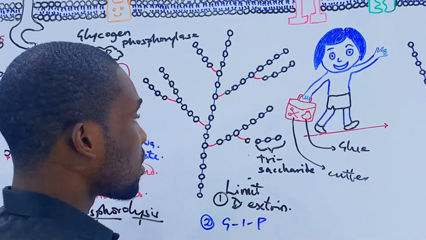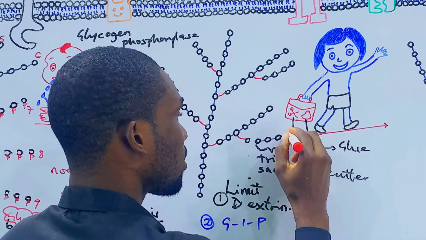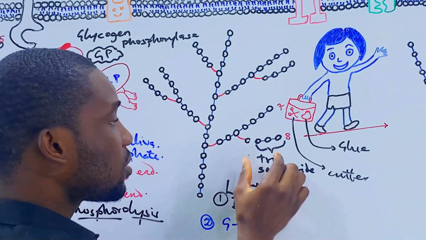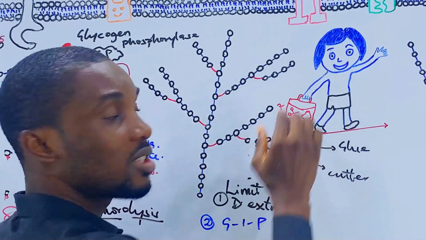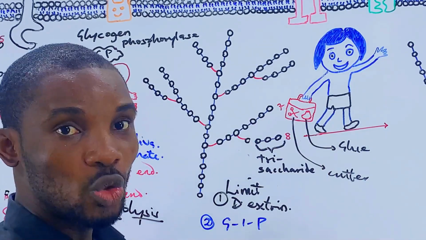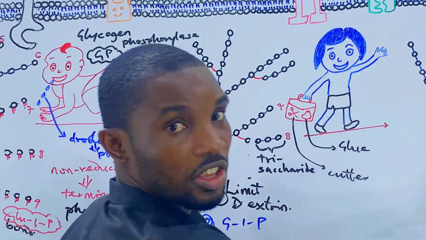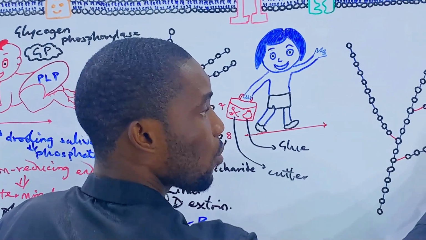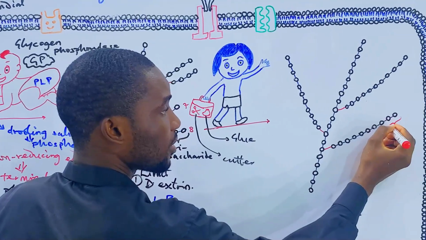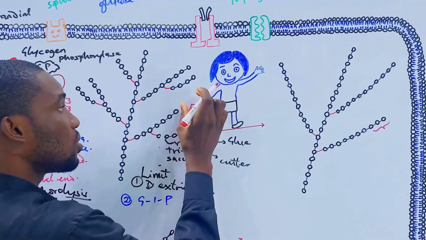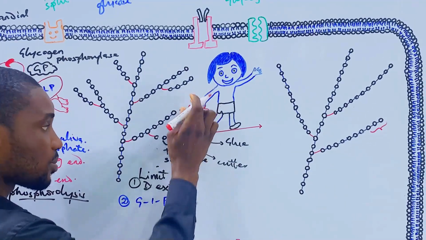So let's say this was chain 8 and this was chain 7 as described previously. So she will transfer the trisaccharide onto chain 7. What do we then form? If you look at the molecule over here, you would see the trisaccharide here. Okay, so she has transferred this trisaccharide to molecule 7.